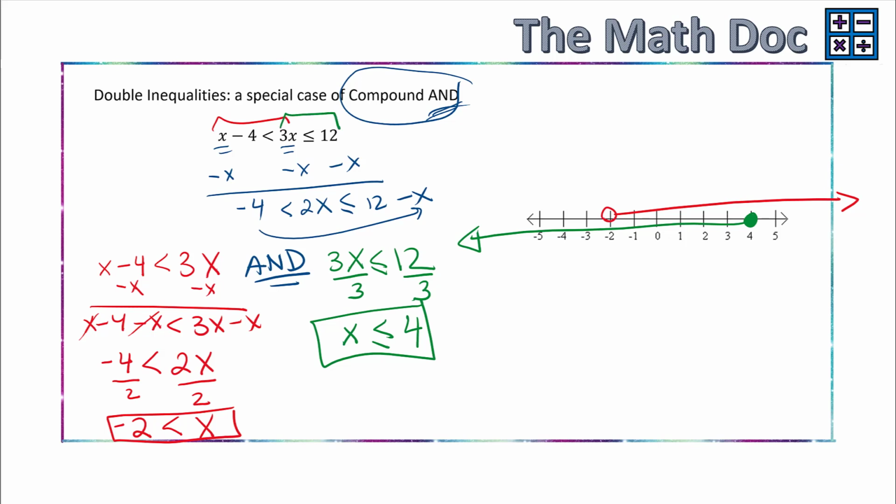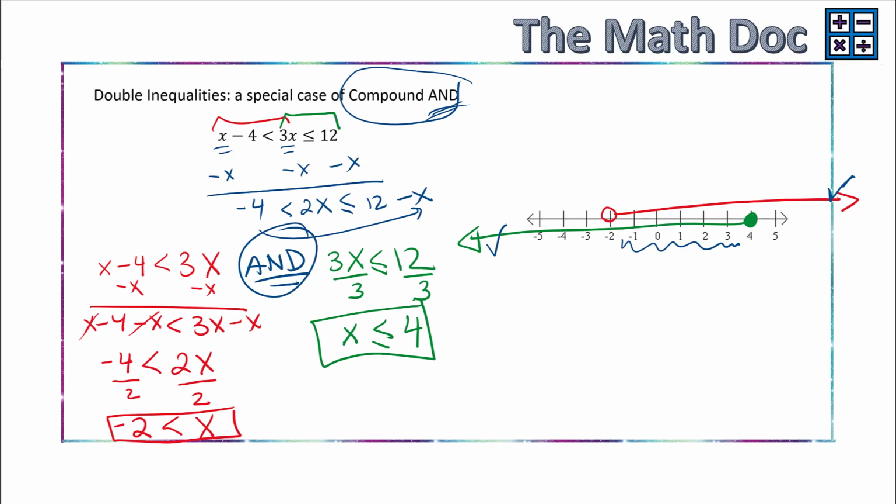So we're back at the situation where we have a compound inequality with an "and" requirement, right? So here we have to make sure that we're satisfying both. Which x's satisfy both? Well, it's just the x's right here between 4 and negative 2, because these x's both satisfy the requirement to be larger than -2 and the requirement to be less or equal to 4.